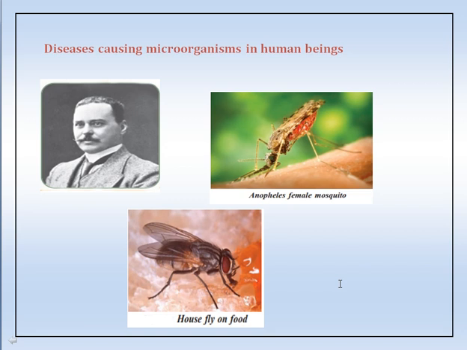Pathogens enter into our body through the air we breathe, water we drink and food we eat. They can also be transmitted by direct contact with an infected person or carried through animals and insects like mosquitoes and houseflies.